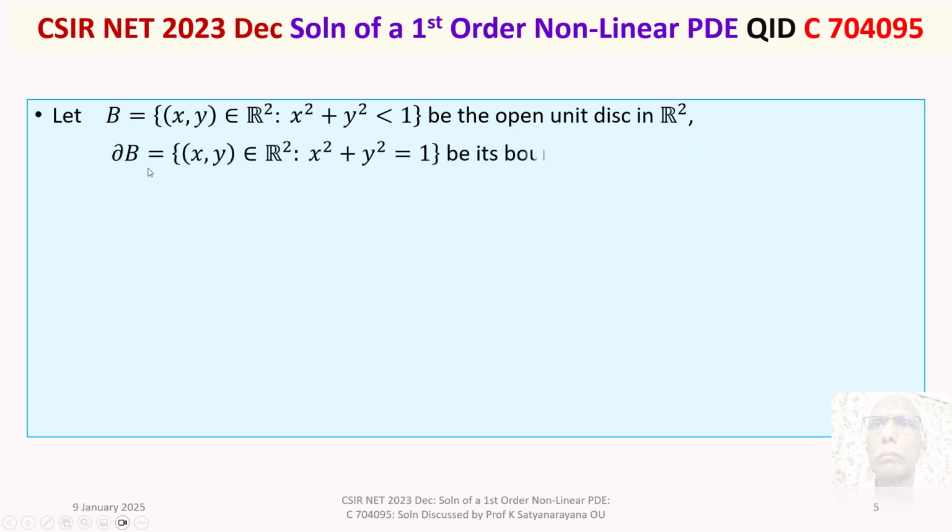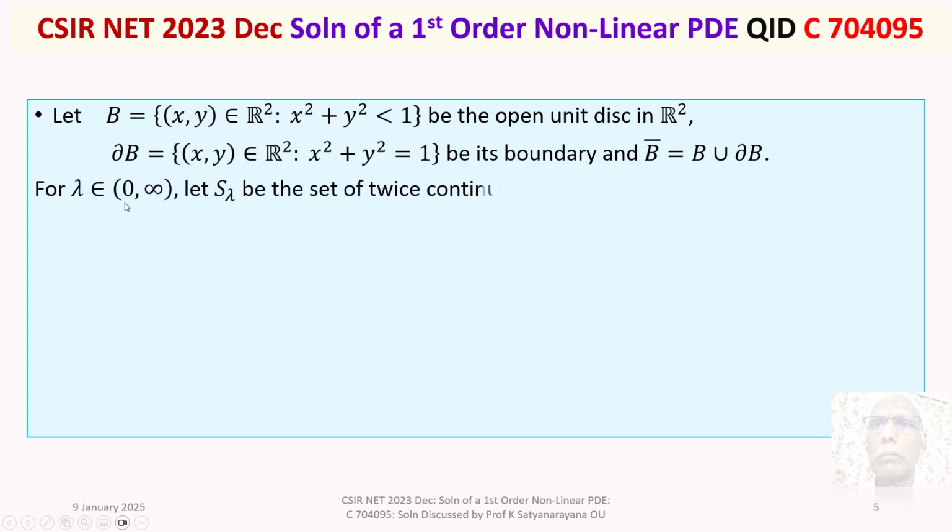Del B is the set of all ordered pairs (x, y) in R square satisfying x square plus y square equal to 1, its boundary, that is the boundary of B, and B bar is equal to B union the boundary of B, that is B closure.